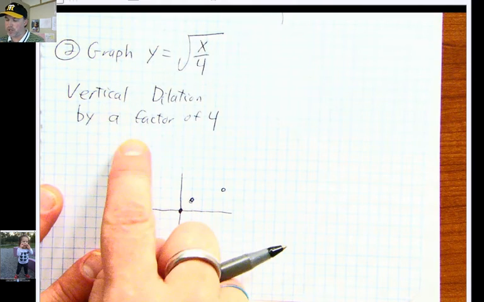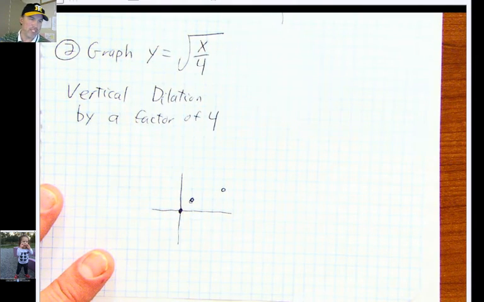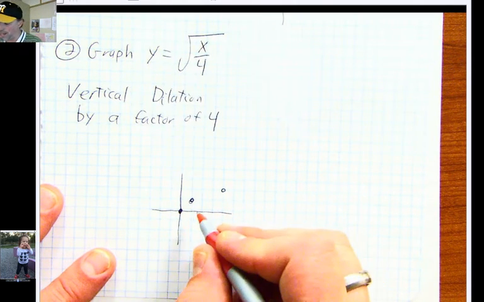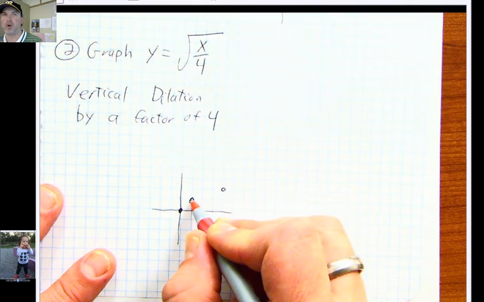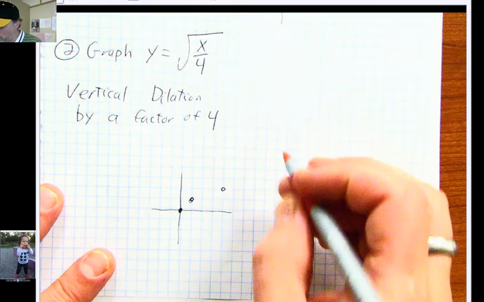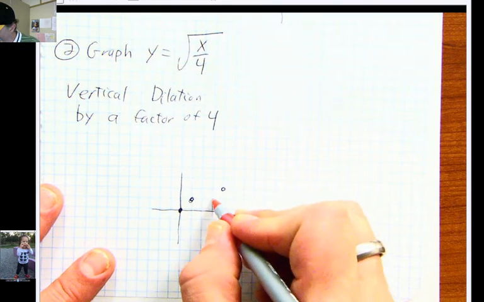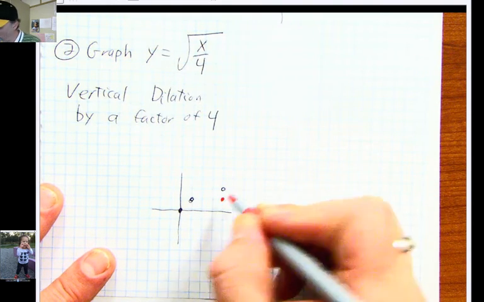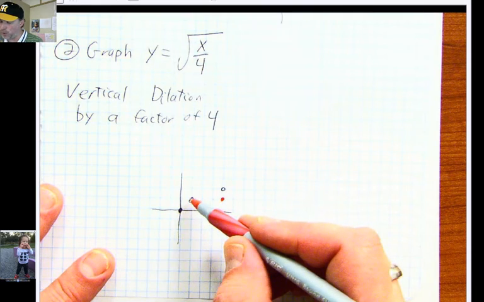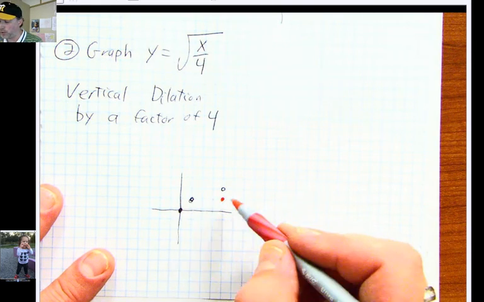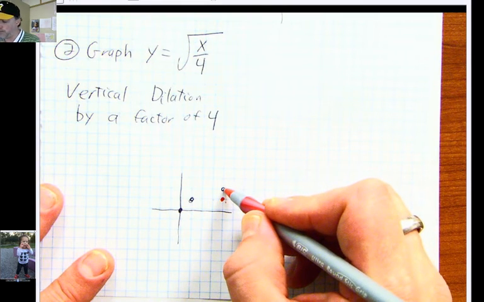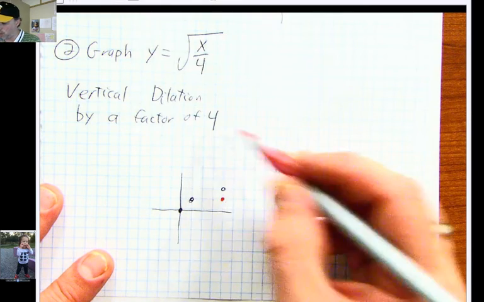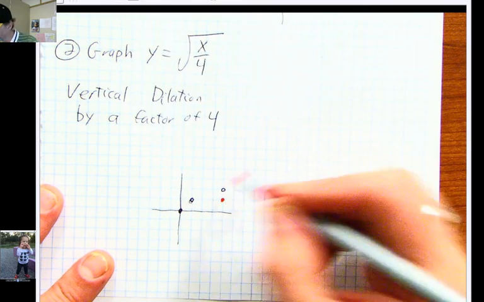And because it's a horizontal dilation by a factor of 4, that means that you're multiplying all of the x coordinates by 4. So this had an x coordinate of 1, but a dilation of 4 means that it would move on out to 4. Or another way of looking at it, instead of going up 1 and over 1, it's going up 1 and over 4. Then, this one had an x coordinate of 4, but if I multiply that x coordinate by 4, it would become 16.